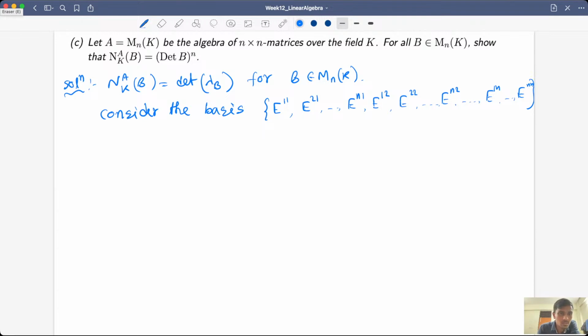Now let me calculate lambda_b of E11. This is just b E11.